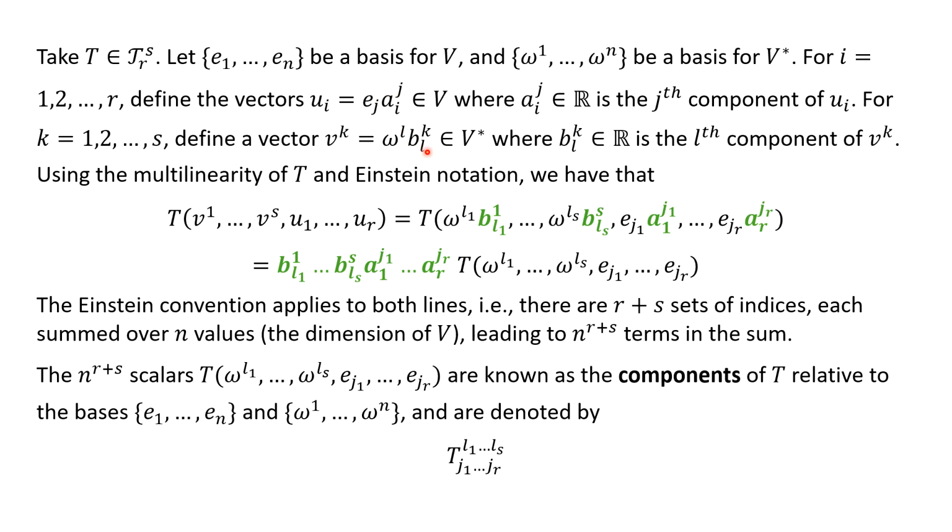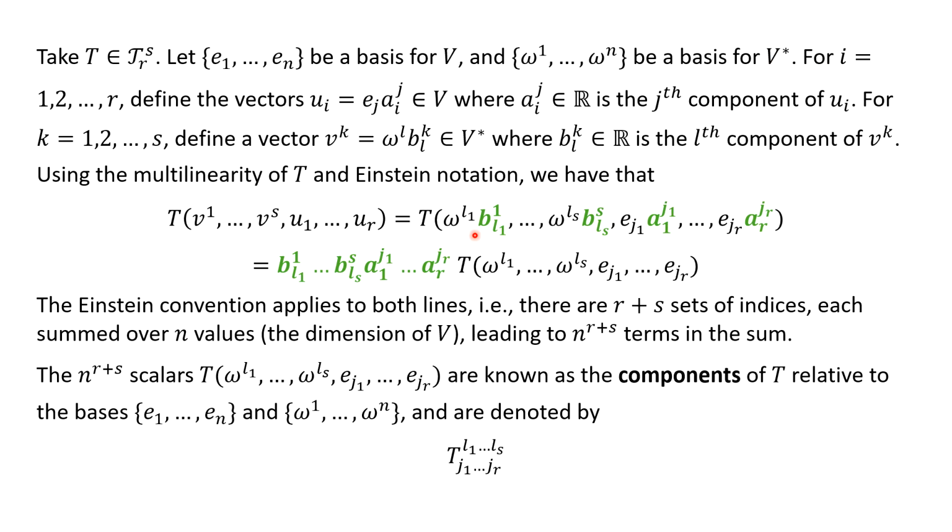You notice the summation is superscript, subscript, again using Einstein notation. So we have one such representation for each vector Vk from k equals 1 to s. And so basically what I've shown up here is representing all of these vectors in terms of either the basis for V or the basis for V star.